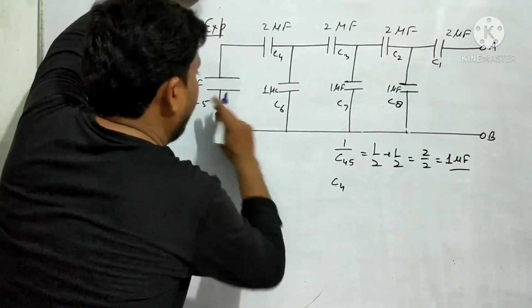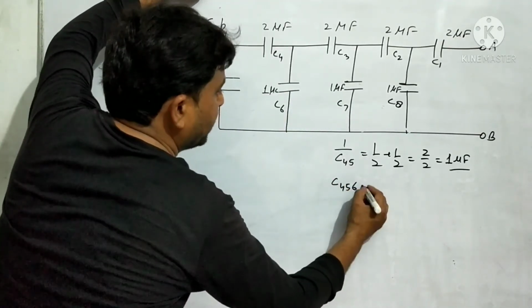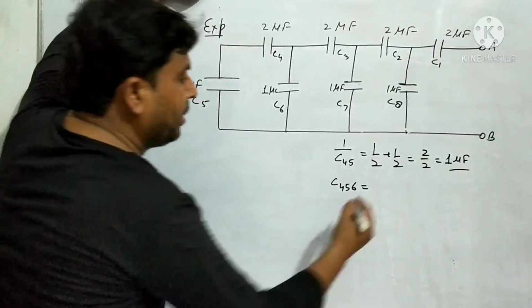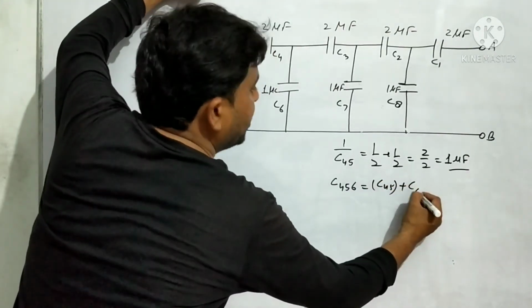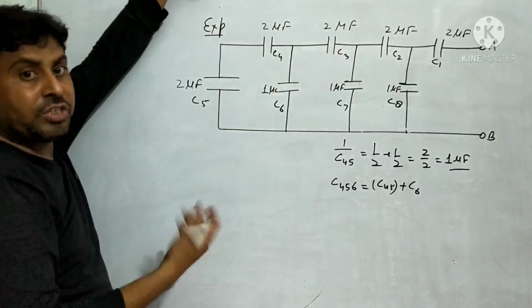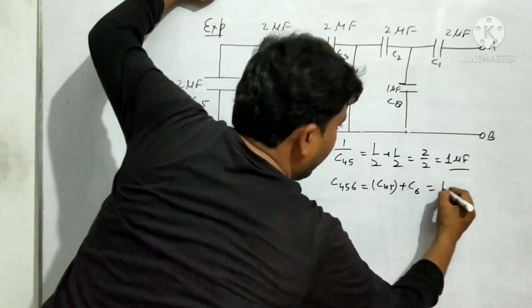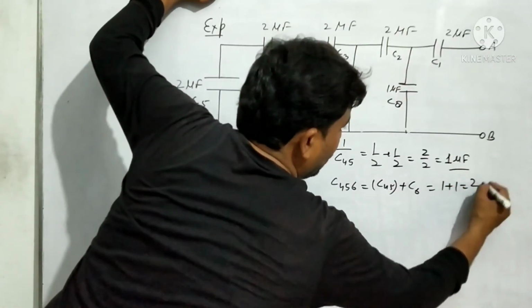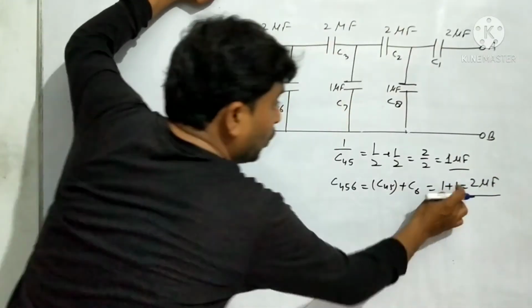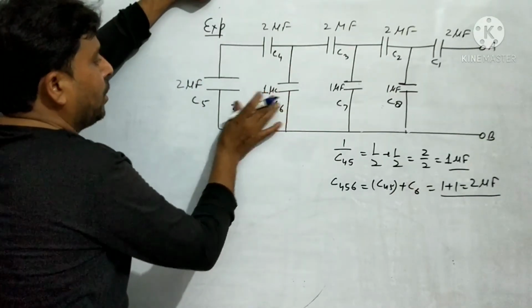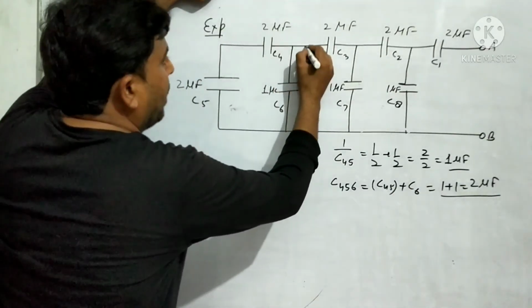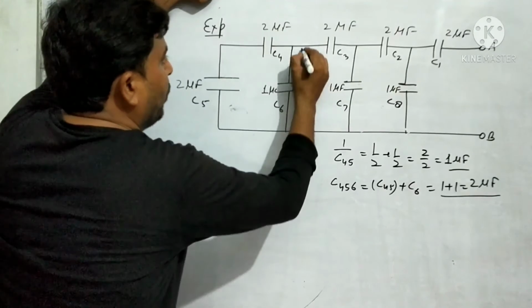C4, 5 and 6: how much is there? C45 plus C6 in parallel gives 1 plus 1, that is 2 microfarad. So 2 microfarad is the net combination up to here.